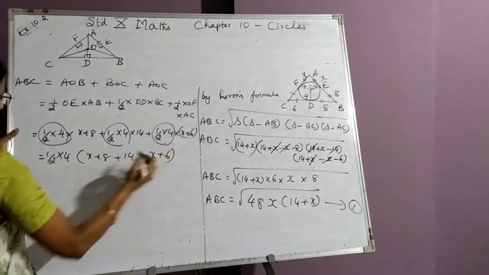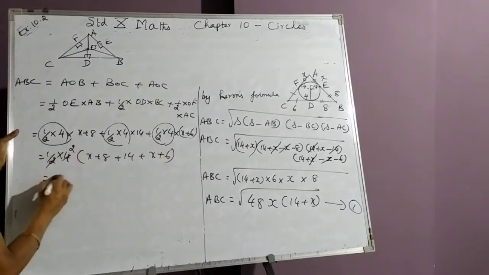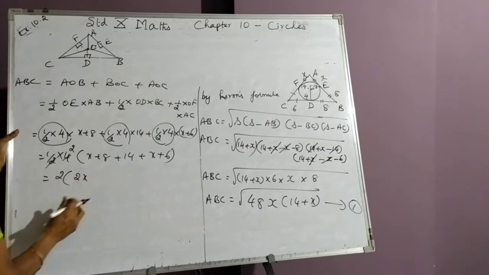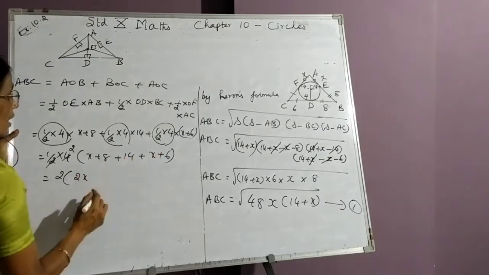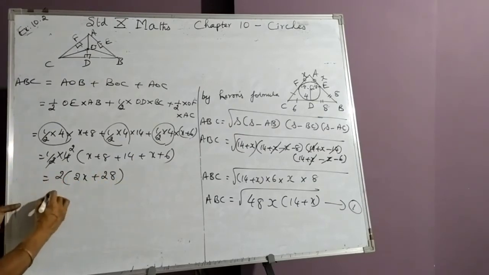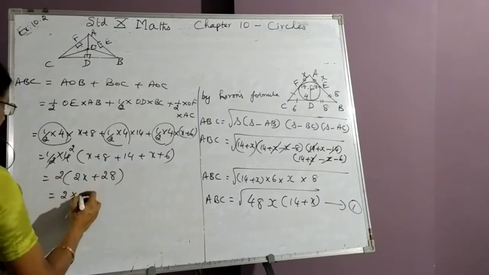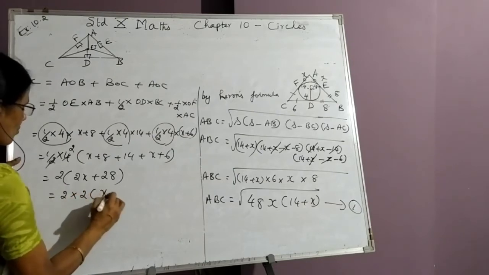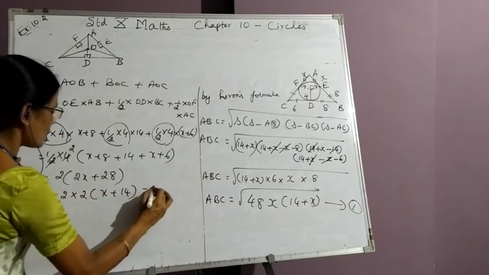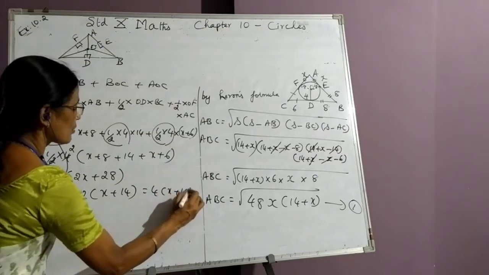Right? Okay. It is x plus x is 2x, and 14 plus 6 plus 8 becomes 28. Therefore, I write this as 2 into 2 taken as common into x plus 14, which is equal to 4 into x plus 14.